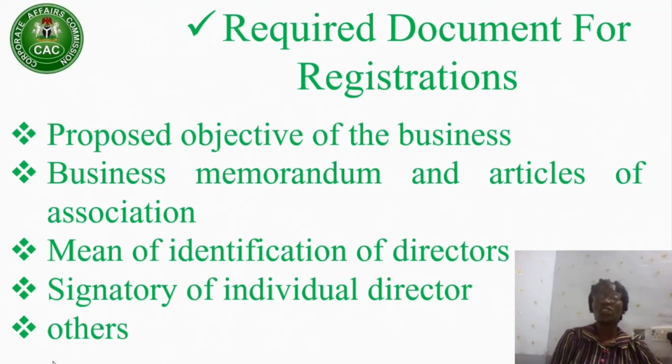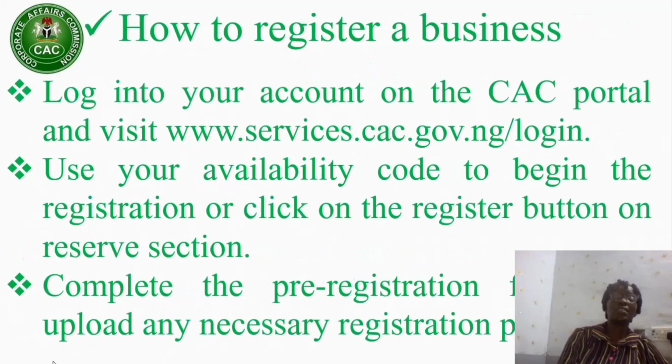There are official signatories that have been electronically crafted, and there are manual ones where you just sign on a piece of paper, snap it, and then upload to CAC. So you must do that. It's part of the documents. There are other documents that we will not see here, but when we get to the practical section I will show you some of those documents, right? These are highlights of some of the documents required when you are doing any pre-incorporation services.